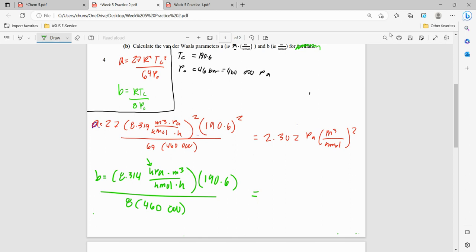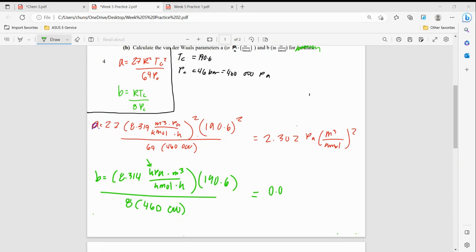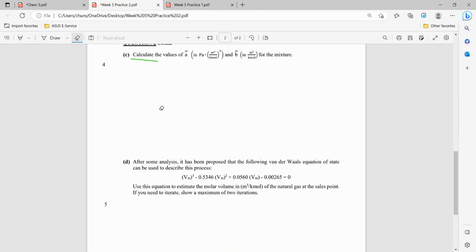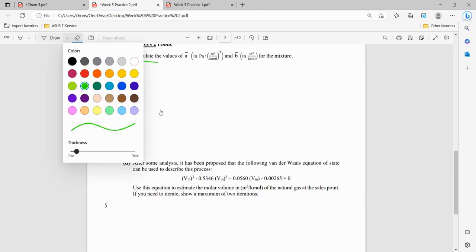And this is equal to 0.04360. Okay. All right, so that brings us to the end of part B. Sorry that was such a gong show. I promise this one will be better.